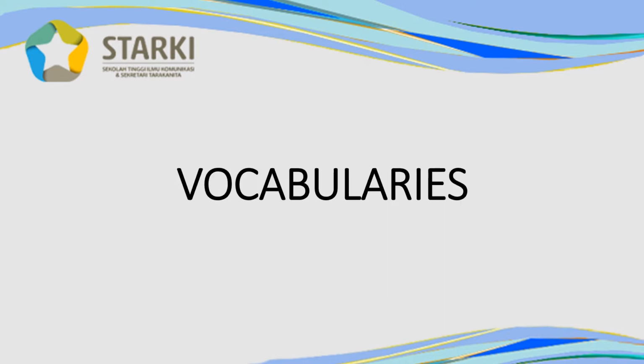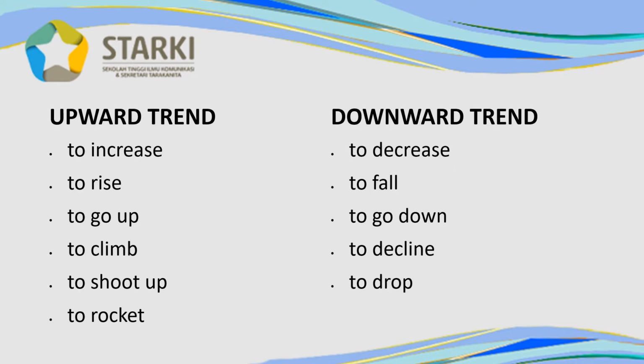Now let's come to the vocabulary. There is special vocabulary that you are going to use. When you see the sample graphs, the types of graph, you see the upward trend and the downward trend. There are some vocabularies you may choose.